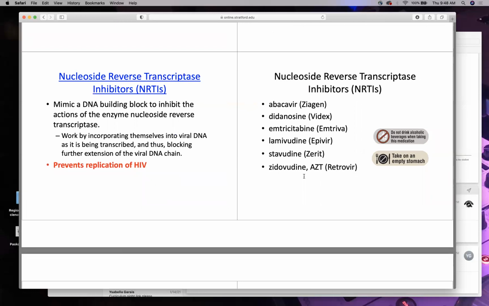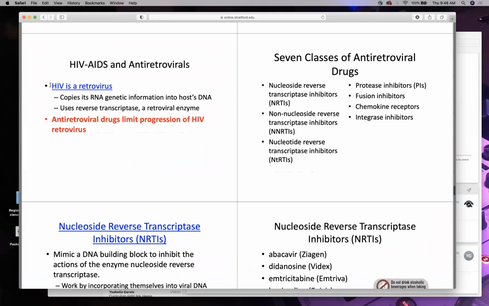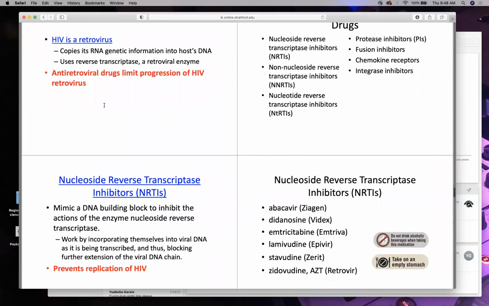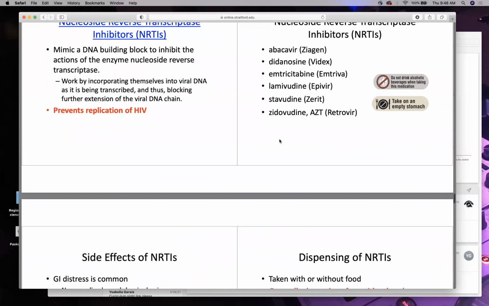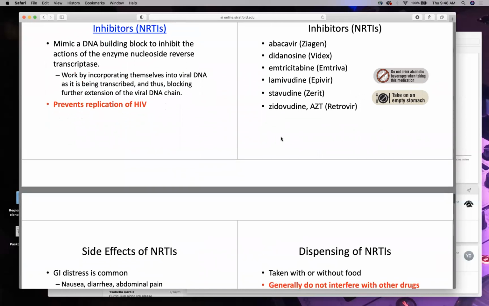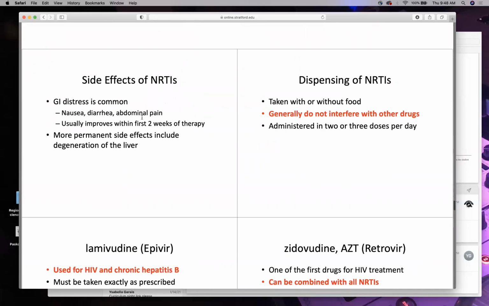This AZT is in a cocktail of 3 different medications. They will all block what? The reverse transcriptase enzyme. So Videx, really popular, Epivir, really popular, but the number one HIV medication that all HIV patients have to be on is Zidovudine, which is AZT, also known as Retrovir.